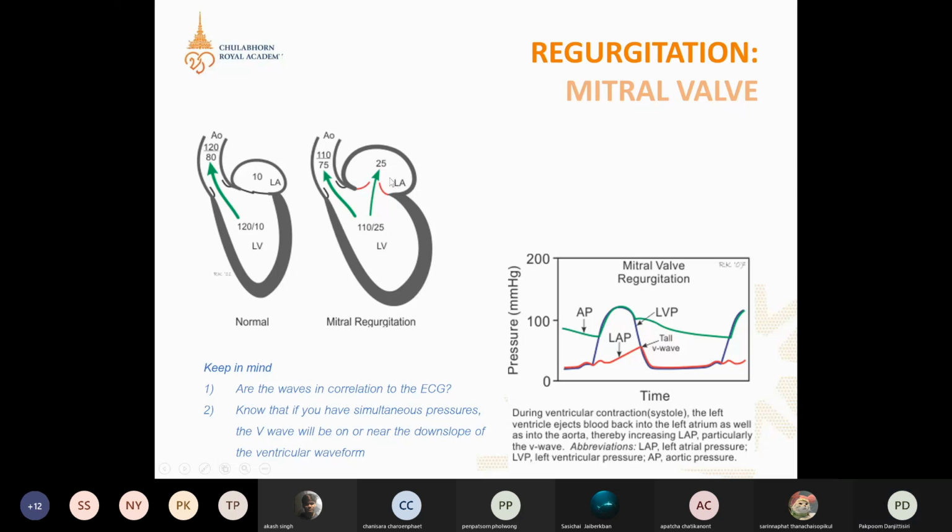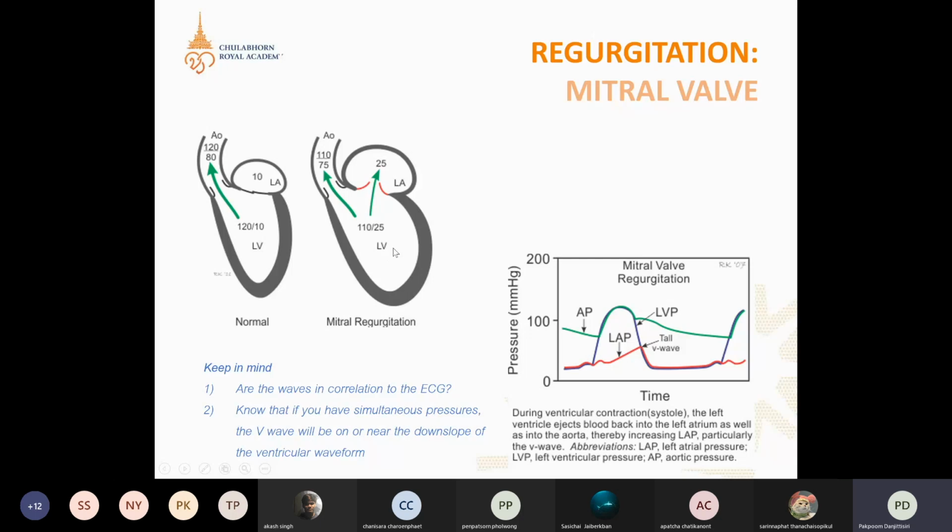So obviously, the LA pressure should be equal to the LV EDP. That's why the LV EDP is increased from 10 to 25: the higher pressure in the LA comes to the LV, and more volume comes to the LV as well.